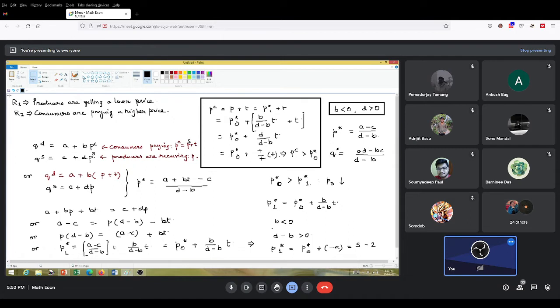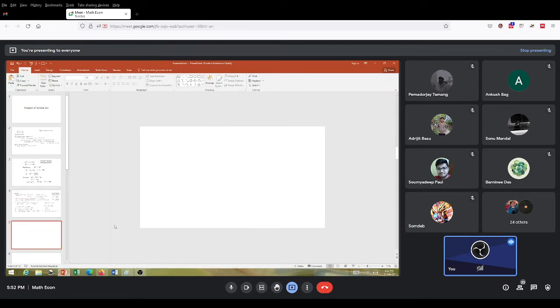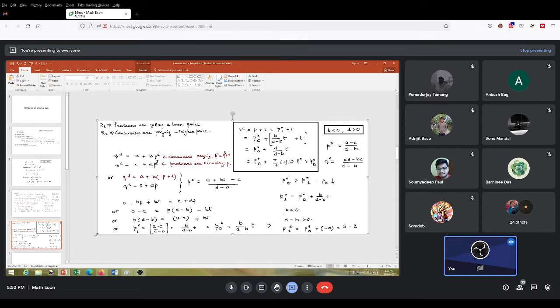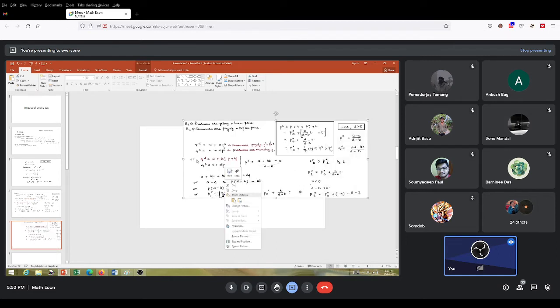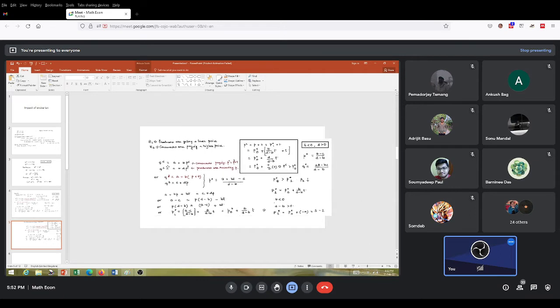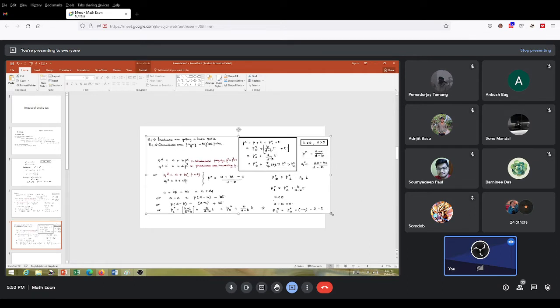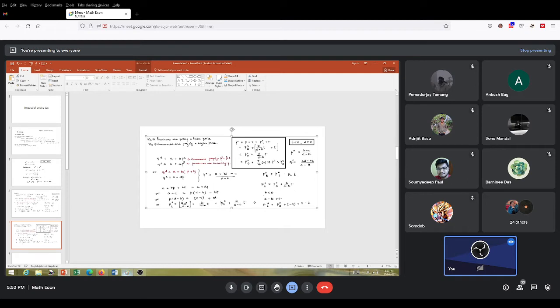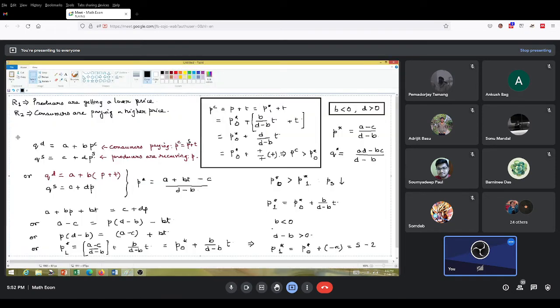Now there's one other question that I want to ask. Okay, fine, consumers are paying a higher price. Previously let us say they were paying 10 rupees. Now a tax has been imposed. It says that you have to pay 5 rupees per unit that you are consuming.